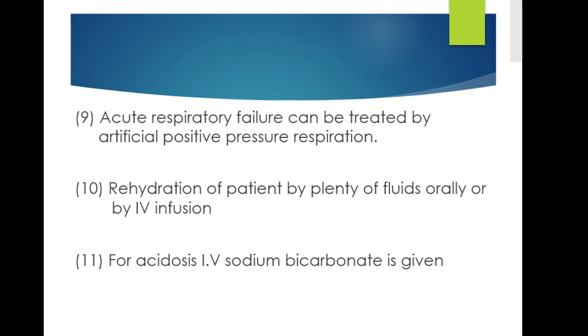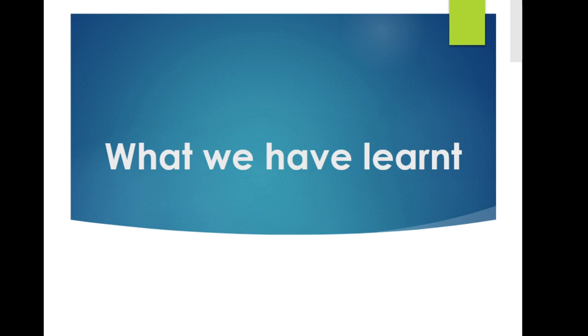If there is acute respiratory failure, the patient should be given artificial positive pressure respiration. If the patient is dehydrated, we can give rehydration therapy with plenty of fluids orally or by IV infusion. If there is acidosis, we should give sodium bicarbonate IV. So this is the treatment of status asthmaticus.